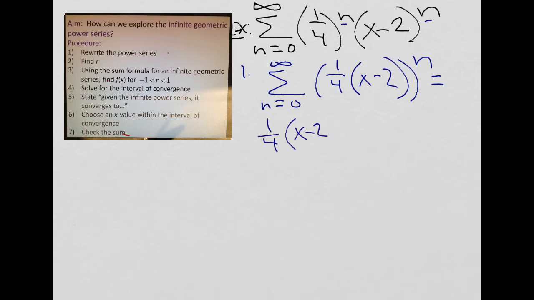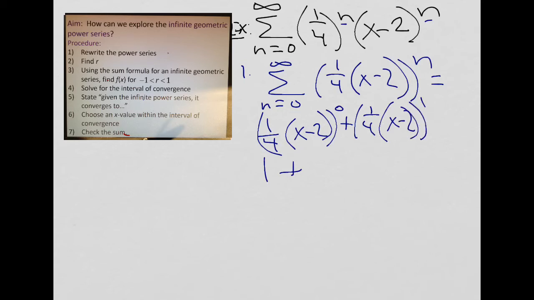Okay, and you can write it like this, or you can just write it's 1 plus. So we're rewriting the series here. It's 1/4 x minus 2 to the first. Okay, and I would do one more just to show that it is to the second power.